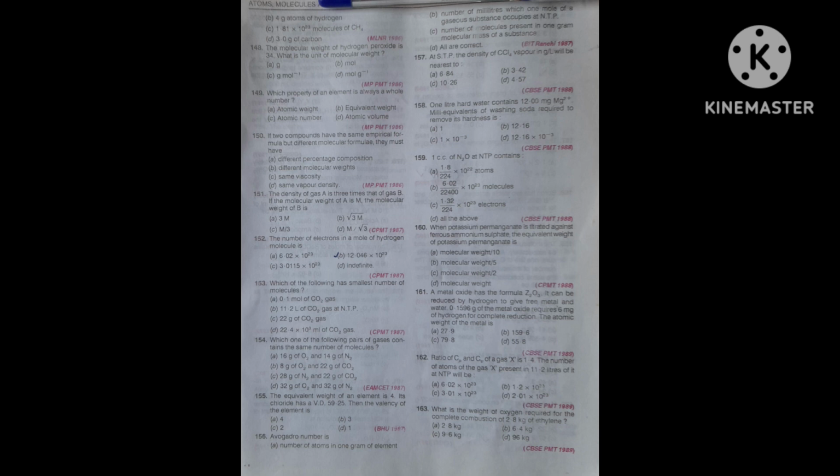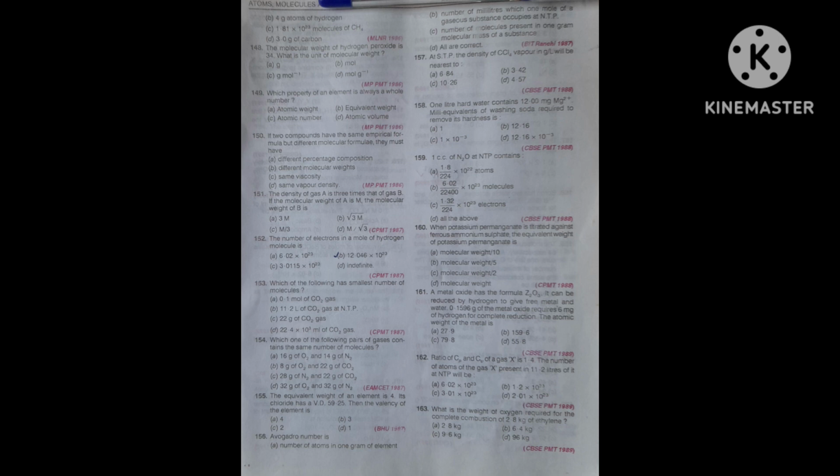Now next question I am reading. Question number 162. The ratio of Cp and Cv of a gas X is 1.4.